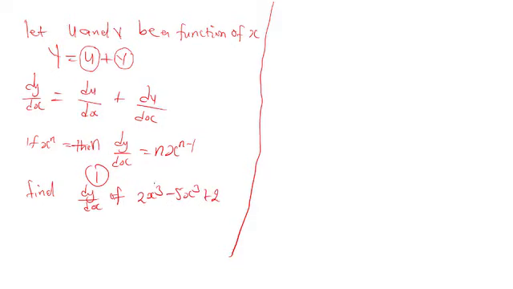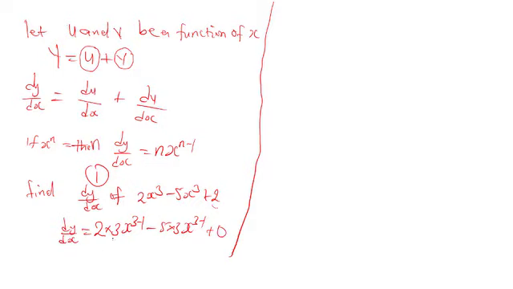Now in this, remember here the value of our n is 3, and here the value of our n is 3 as well. So you now say dy/dx equals 2, bringing back this 3 being our n, times x raised to power 3 minus 1, minus 5, then our n at this point is also 3, you bring it back, times x raised to power 3 minus 1, plus 2. And you know, when you have a constant term, we stated in our previous points that when you differentiate a constant, you have 0. So at this point, plus 0.